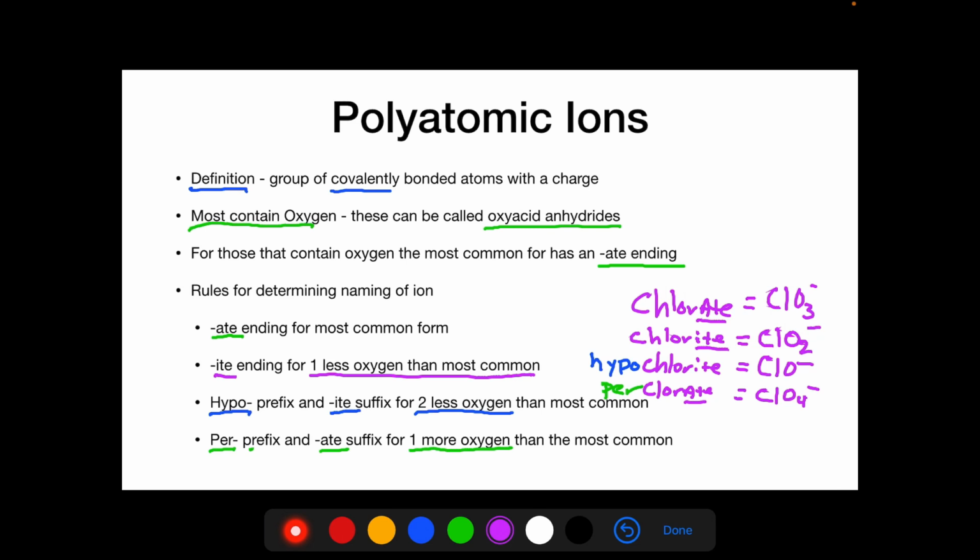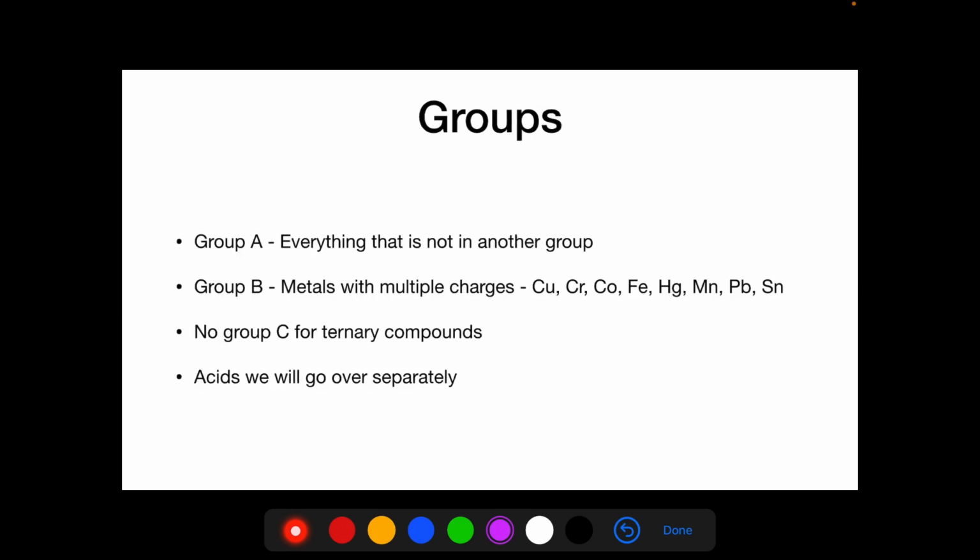So when I sat down to memorize these many years ago, I memorized all of them that had an ATE ending, and then I remembered these 4 little rules, and then I could figure out anything else based off of just applying the rules if I knew the name, or if I had a formula, I could work backwards and figure out what the name was based off of knowing the ATE endings.